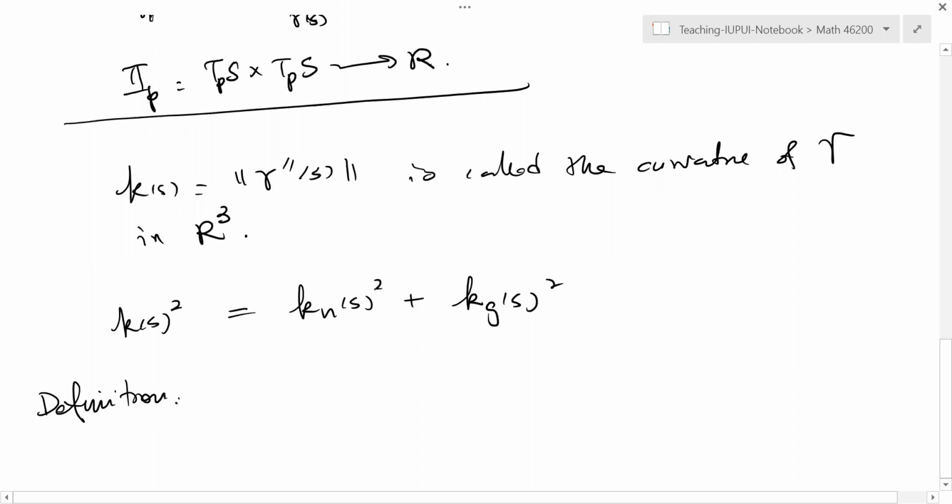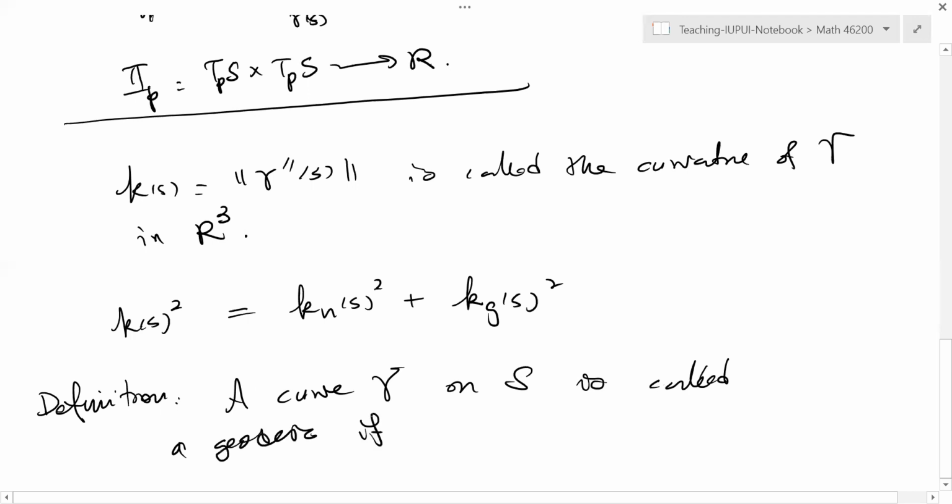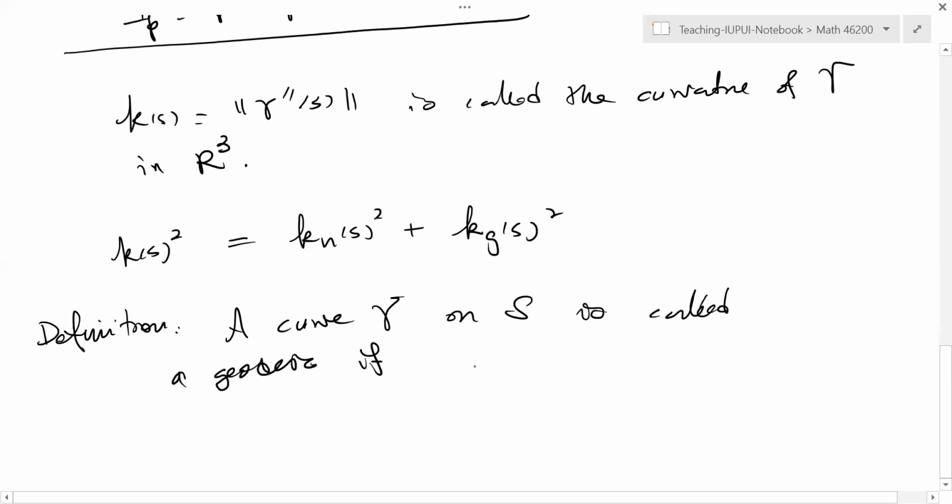All right, so here's the definition. I'm going to use the geodesic curvature to define geodesics. A unit speed curve gamma on the surface is called a geodesic if its geodesic curvature is zero.